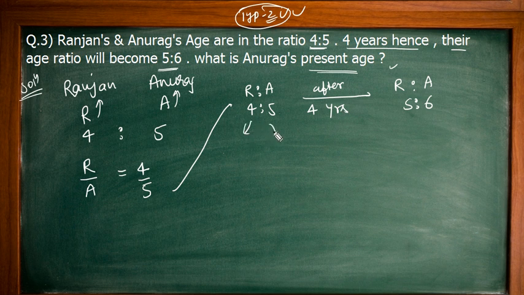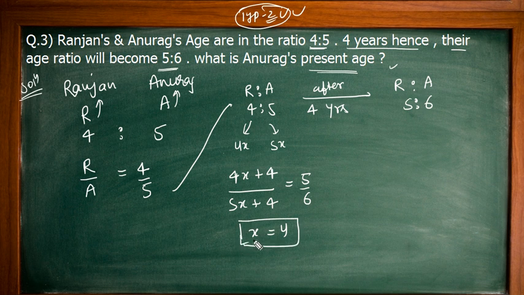So let's assume they are 4x and 5x. After 4 years hence means 4x plus 4 and 5x plus 4, which will be equal to 5:6. Solve for the value of x and you will get x as 4. Do it for yourself.